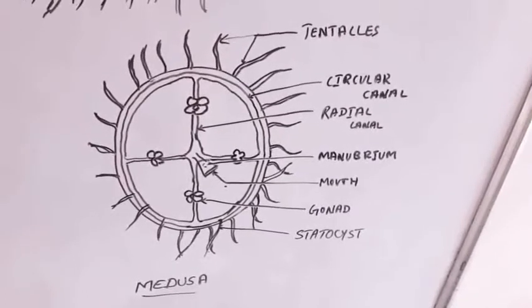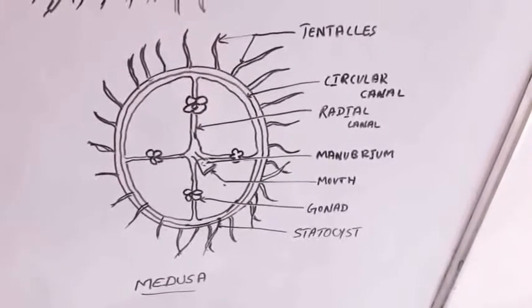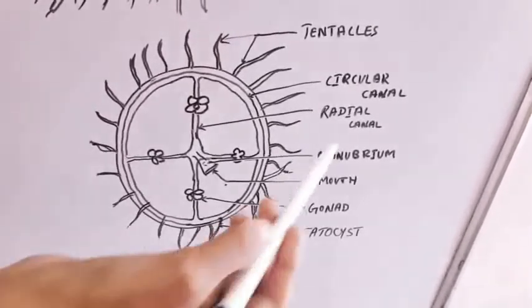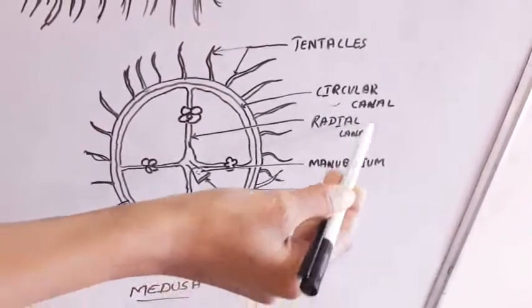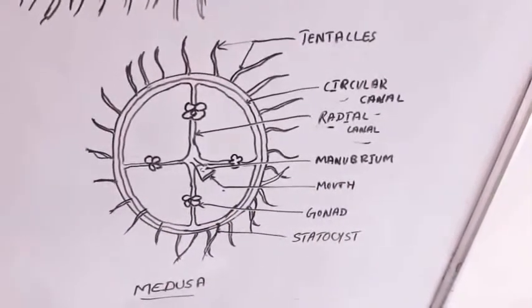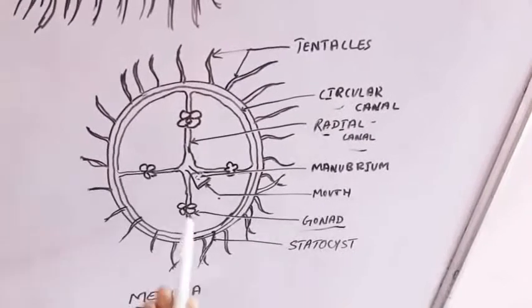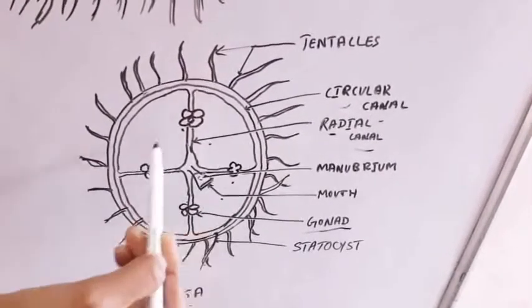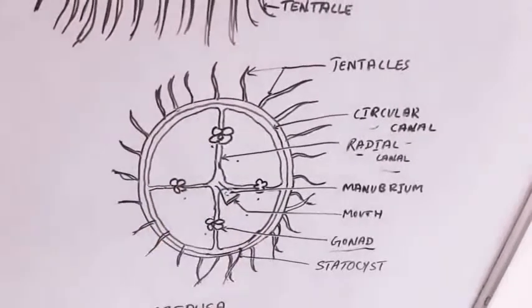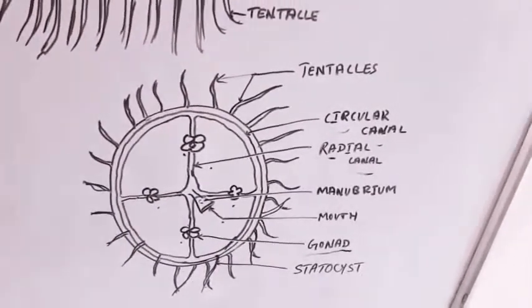Here there are 4 oral lobes, 4 radial canals, a circular canal, and 4 gonads.